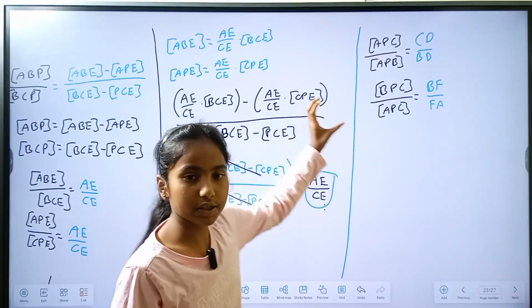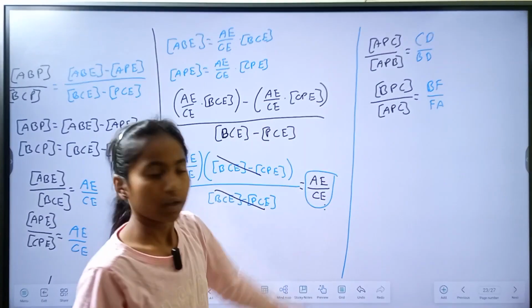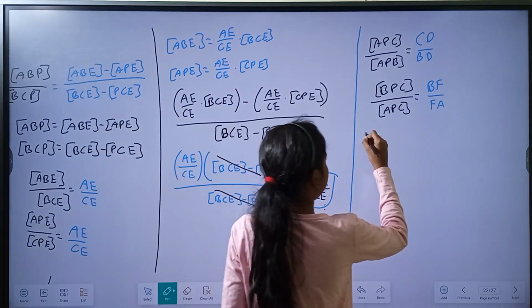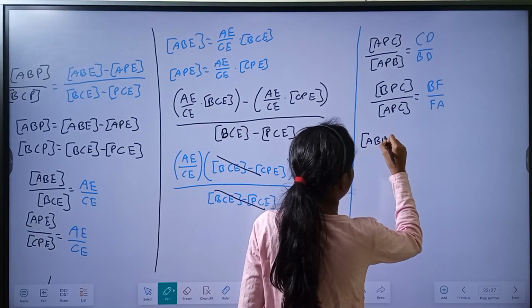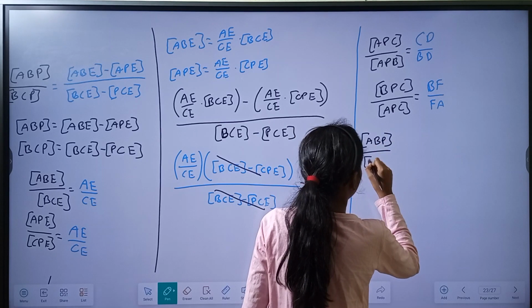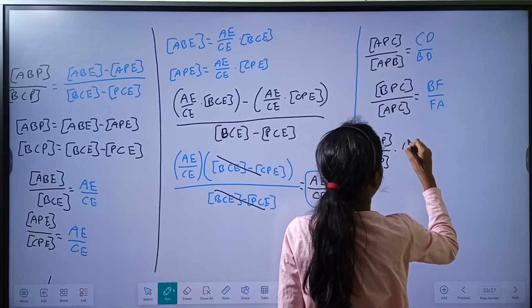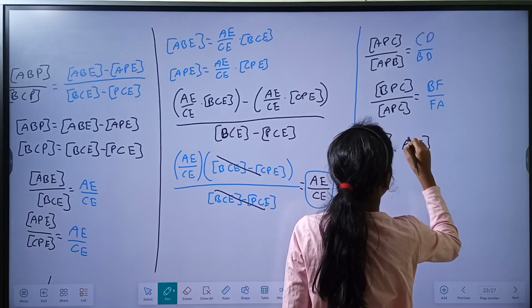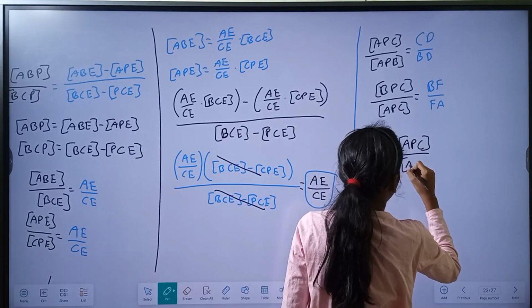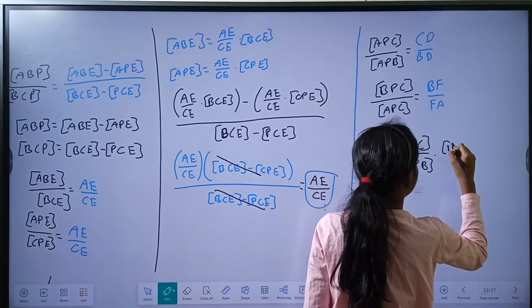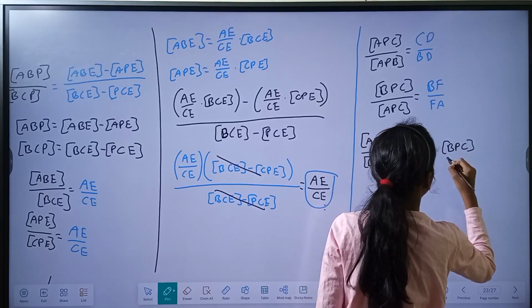Now we got all these ratios. Let us write the product of them. The first one is ABP by BCP, into APC divided by APB, into BPC divided by APC.